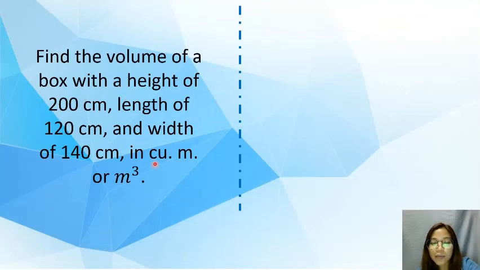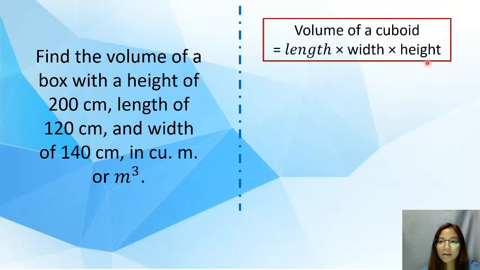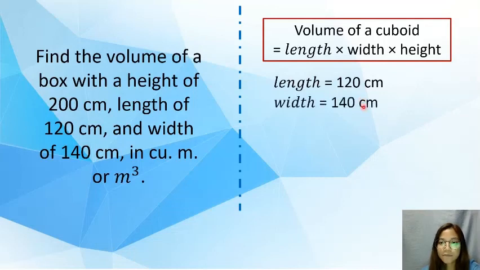So we can say that we have rectangular faces. So it's a cuboid. So let's use the formula for the volume of a cuboid, which is length times width times height. We have length, which is 120 centimeters, width 140 centimeters, height 200 centimeters.